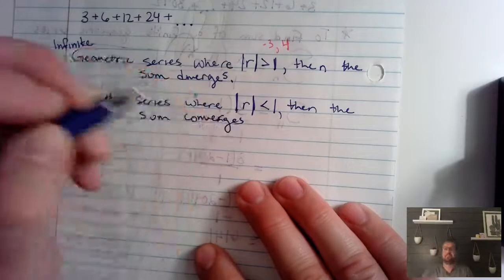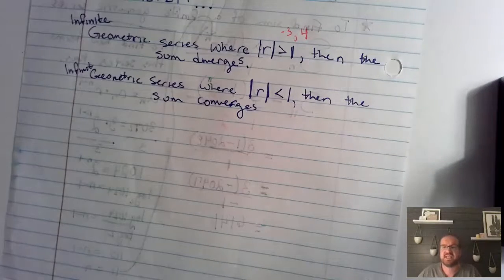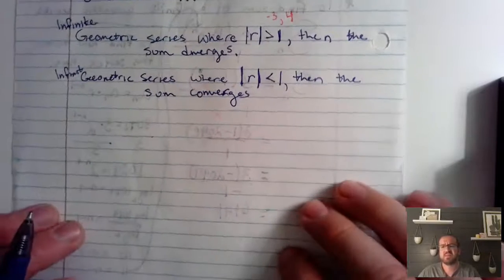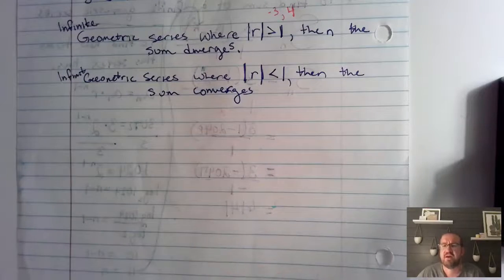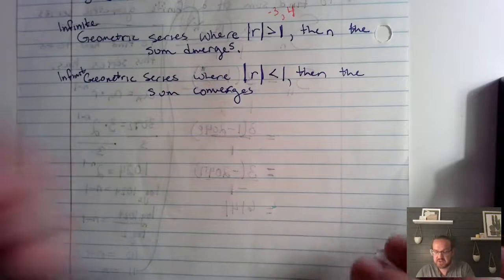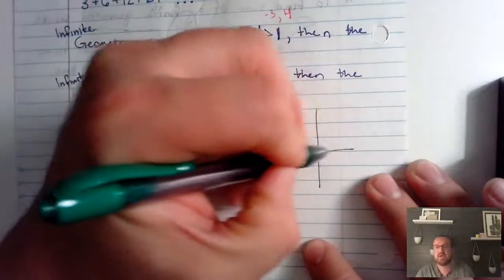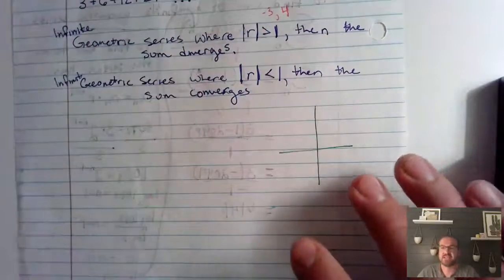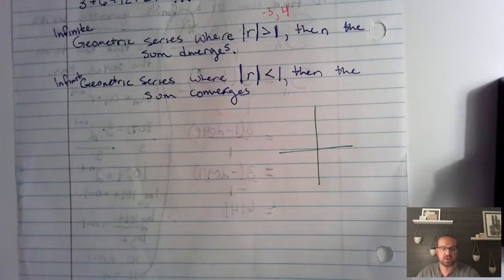So here's an idea of this. Let me show you something that doesn't have anything to do with these series, but maybe helps explain what the words converge and diverge look like. Let me just draw the old x and y axes, the old Cartesian coordinate plane.